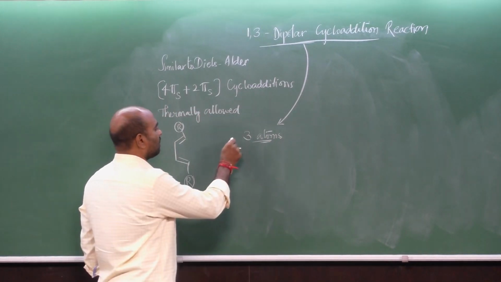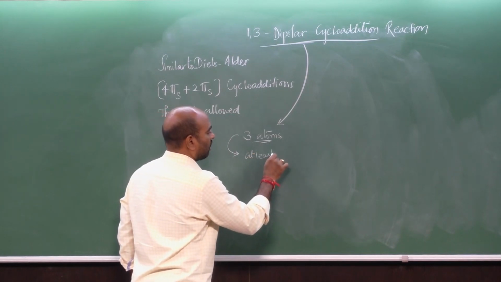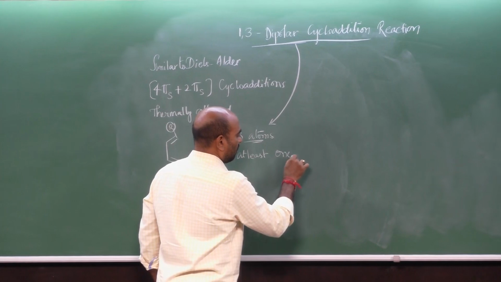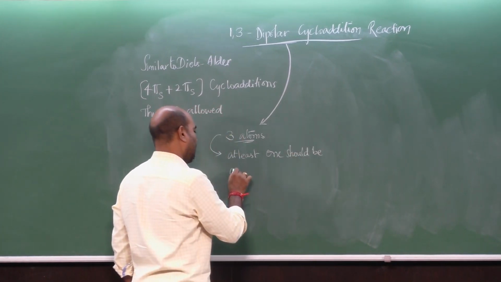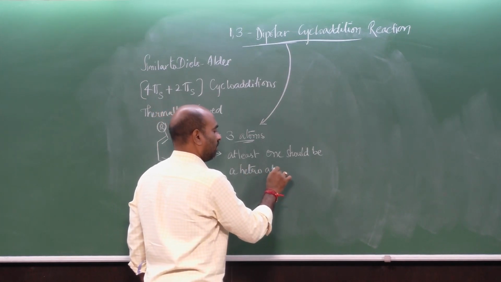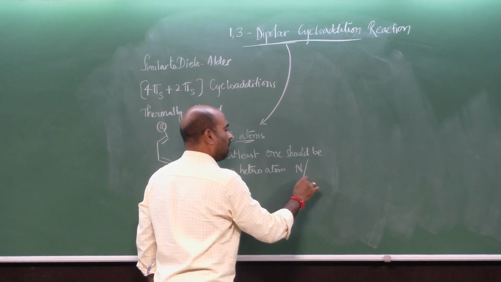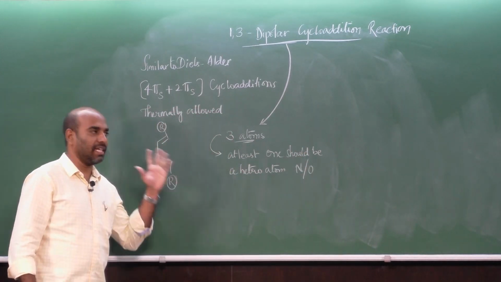Among those 3 atoms, at least one should be a heteroatom, like nitrogen or oxygen. Now you can see the difference, right, clearly.